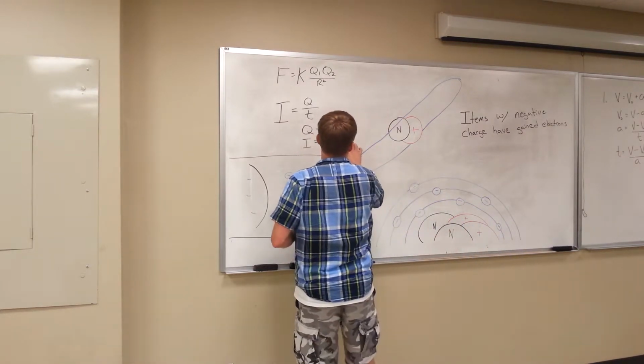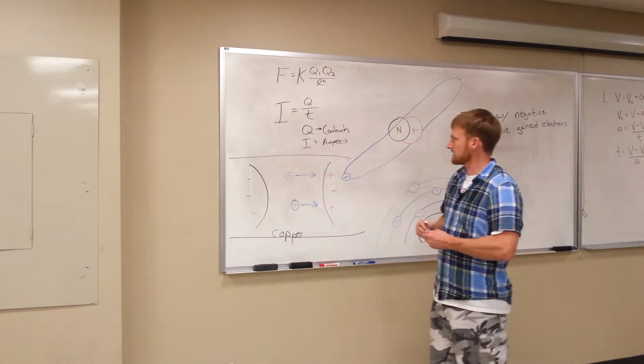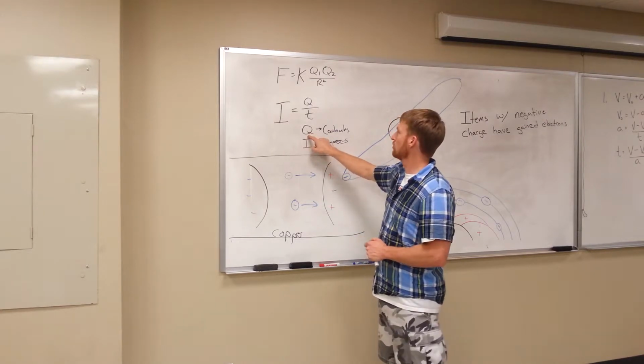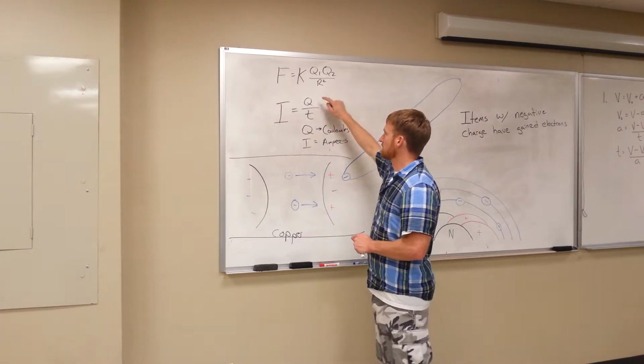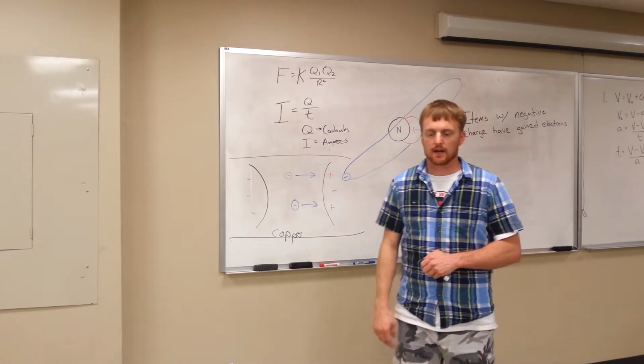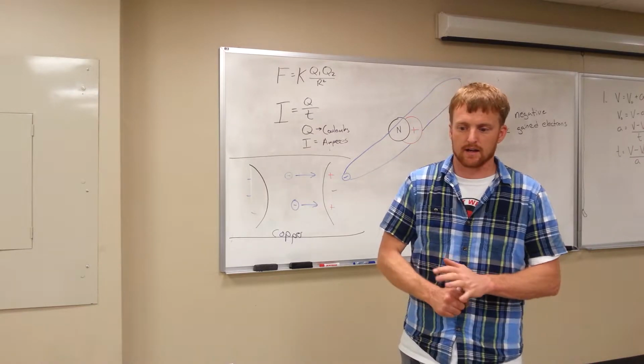Amperes. Current, I, is measured in amperes. Charge, Q, is measured in coulombs. Charge divided by time is current, and that is the SI unit for electric current.